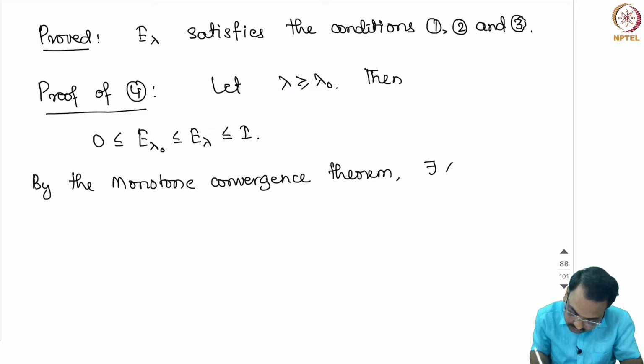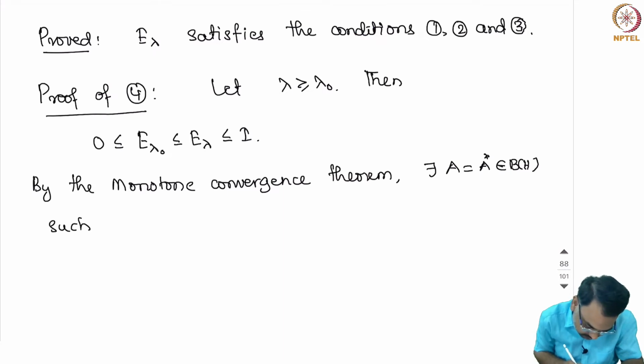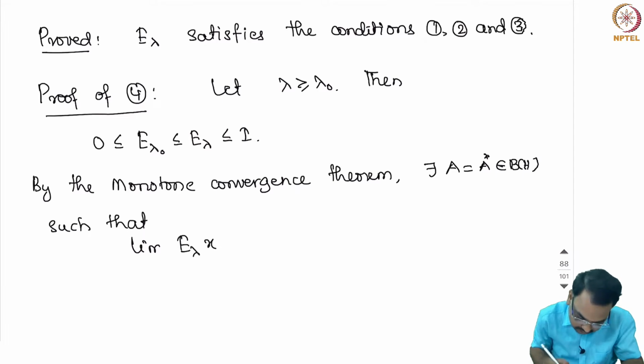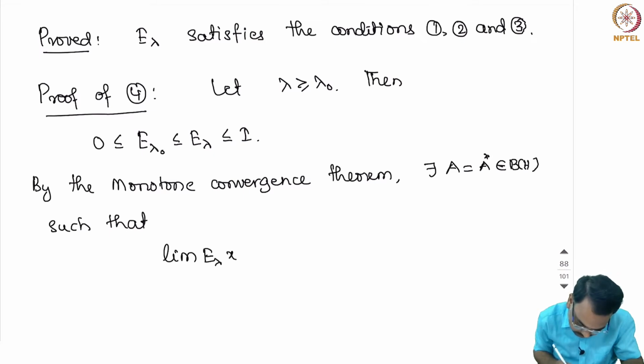So there exists some A in B of H such that the limit of E lambda x, as lambda decreases to lambda naught, is A of x for every x in H.